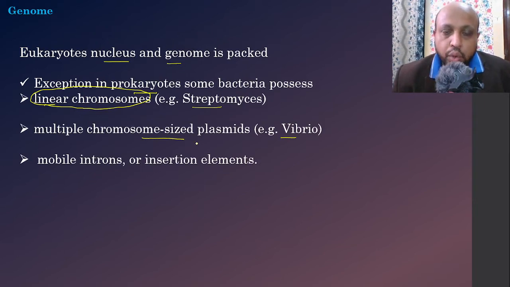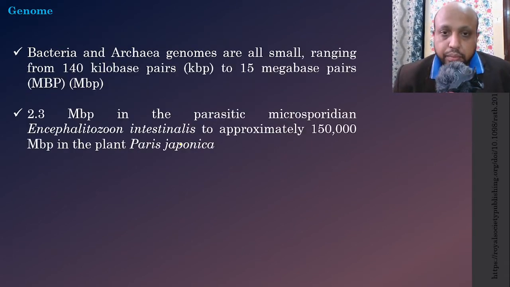Besides this, you also find certain hallmarks which are usually found only in eukaryotic systems, like introns or transposons, specifically insertion sequences, also present in the prokaryotic system.